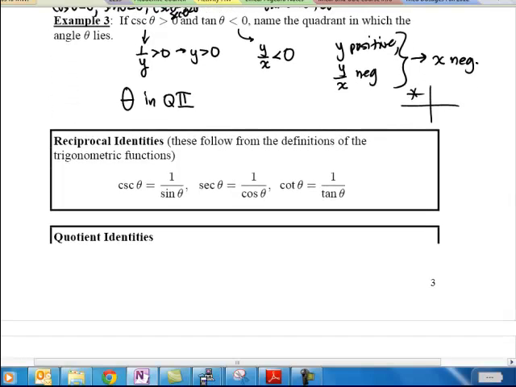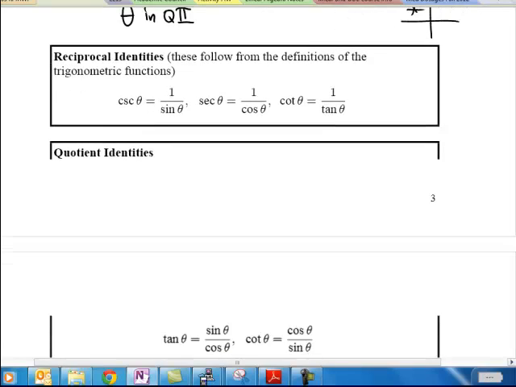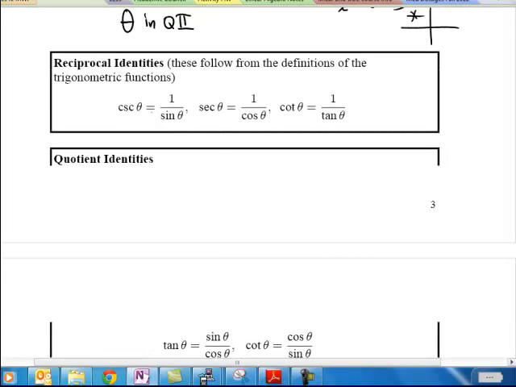So we've been using these identities all over the place, that cosecant is the reciprocal of sine because sine is the y-coordinate and cosecant is the reciprocal of the y-coordinate. And secant is the reciprocal of cosine because cosine is the x and secant is the reciprocal of the x. And the same thing, the relationship between cotangent and tangent. So those are called the reciprocal identities.